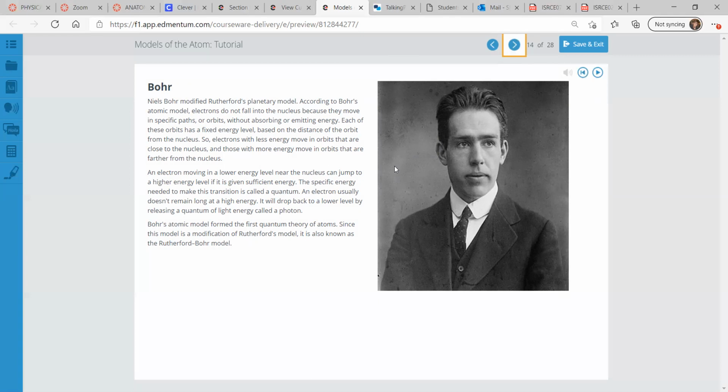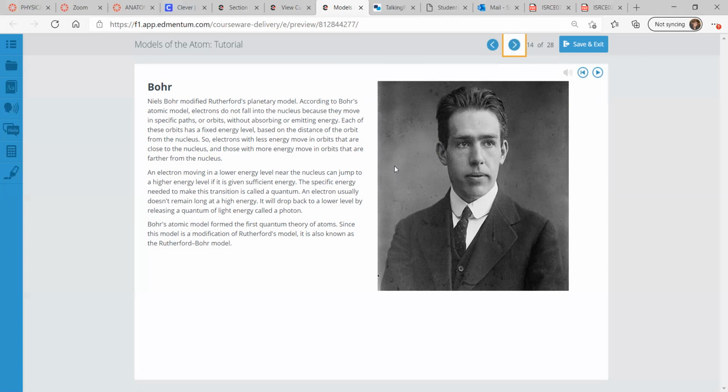And each orbit has a fixed energy level. And based on the distance of the orbit from the nucleus, electrons with less energy move in orbits that are closer to the nucleus, and those with more energy move in orbits that are further out from the nucleus.